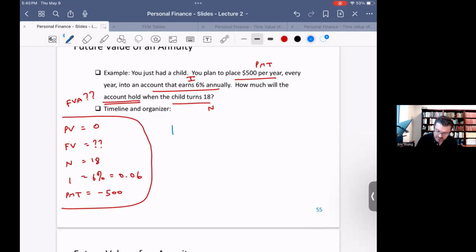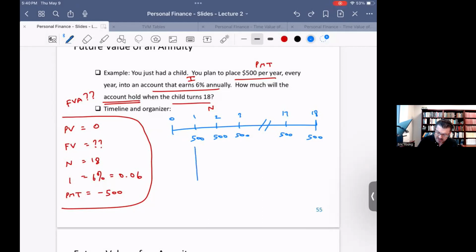It's going to look like this: 0, year 1, year 2, year 3, year 17, year 18. We're going to put $500 in every year. Now, here's the key to an annuity. This $500 that I put in year 1 is going to grow for 18 years at 6%.